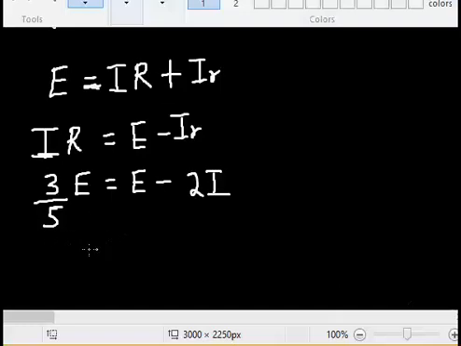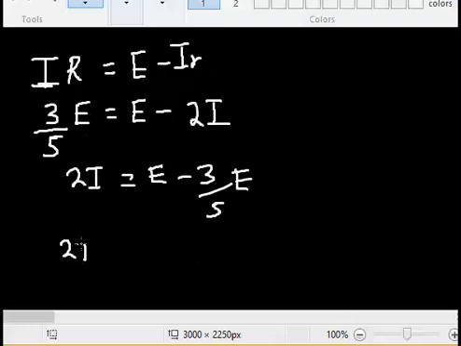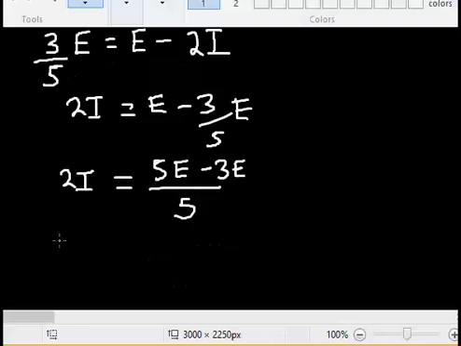To do this, I can rearrange the equation. So 2I is equal to E minus 3 all over 5 E. The LCM is 5, so having 5E minus 3E, 2I is equal to 2E all over 5.